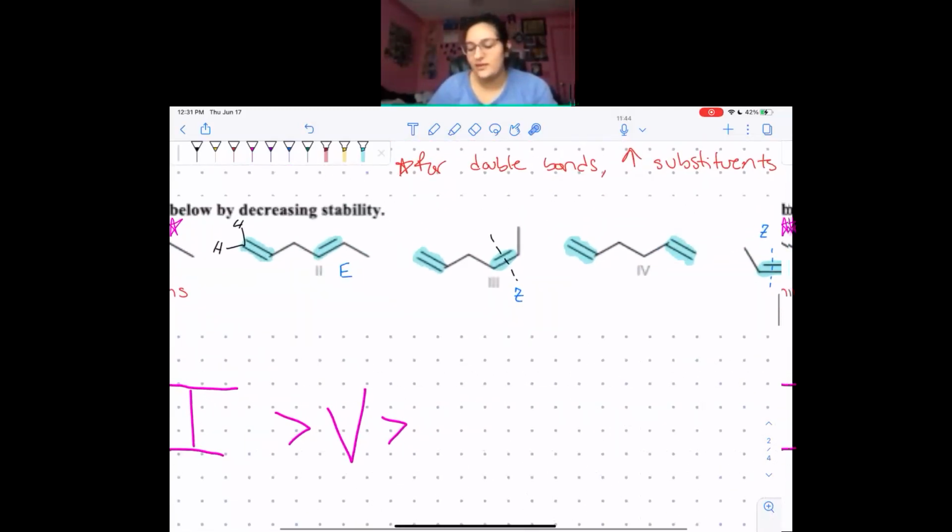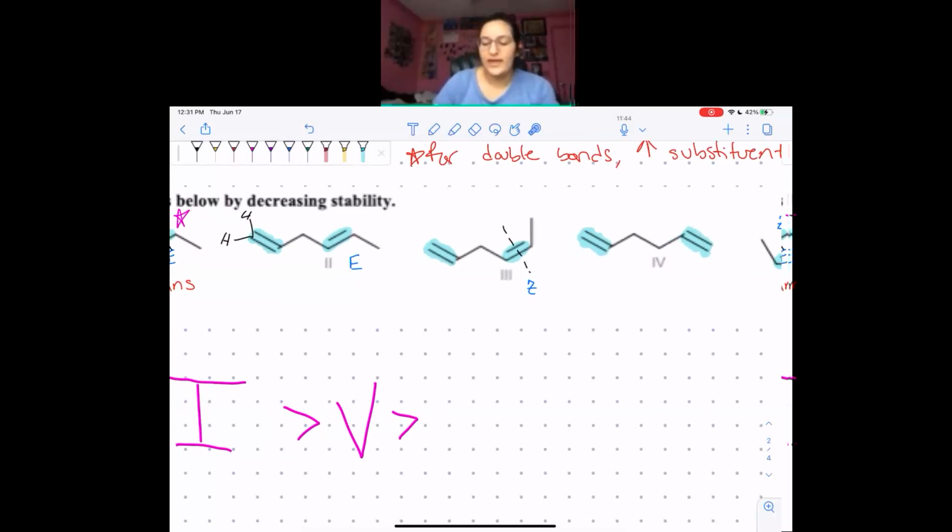If we zoom in on those, we have 1 double bond with only 1 substituent. We call that monosubstituted. So I'm going to say mono, and we have a disubstituted, di. Mono. Mono.